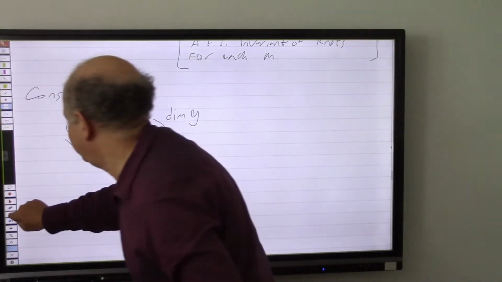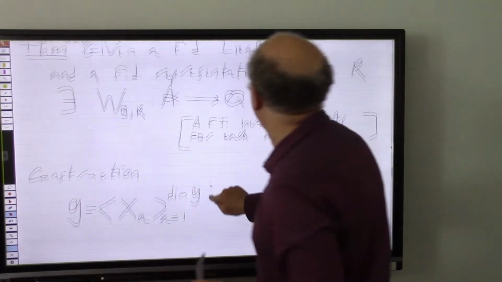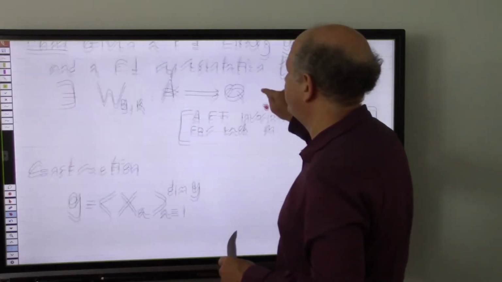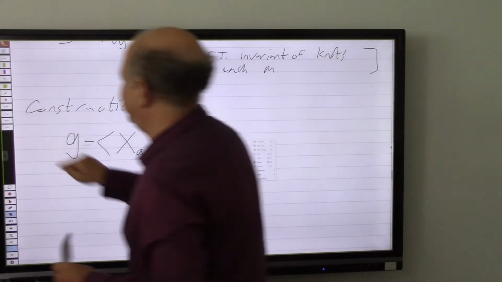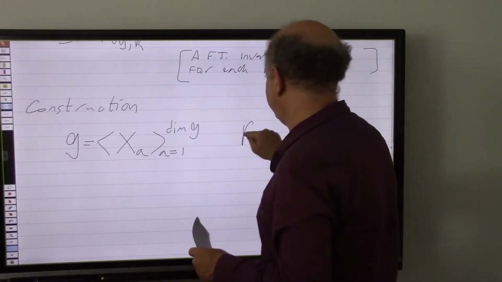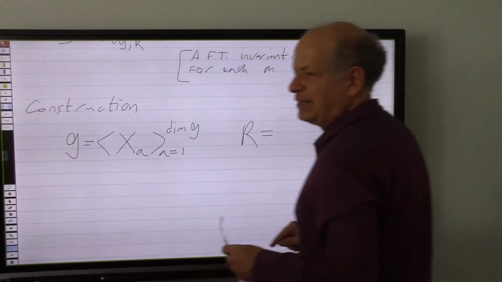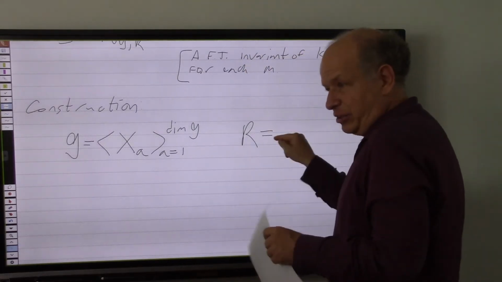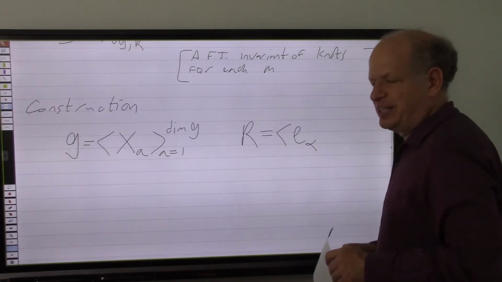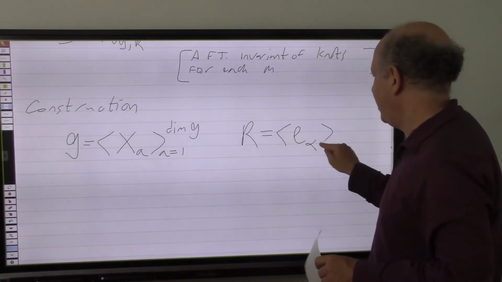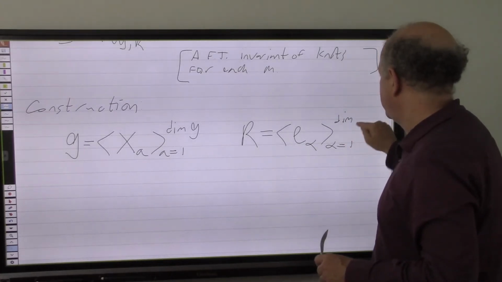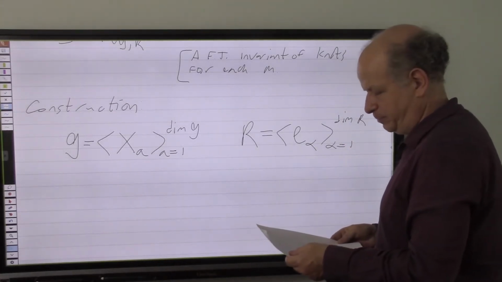Did I also say that the representation is finite dimensional, or did I forget this? Yeah, for every finite dimensional representation. Right. Similarly, I want a basis for the representation. So the vector space of the representation will be the vector space spanned by vectors E alpha, where alpha runs from 1 to the dimension of the representation.